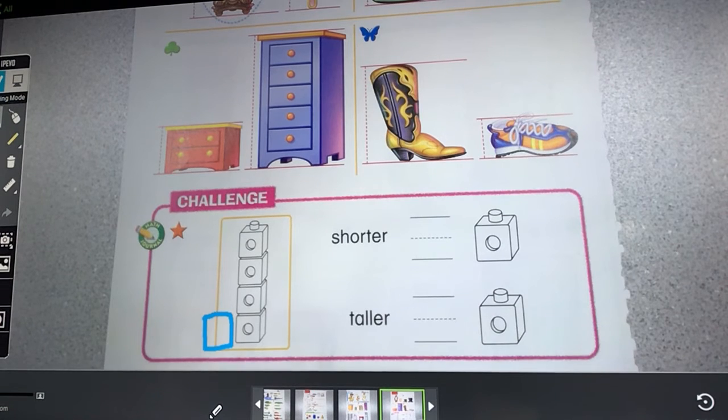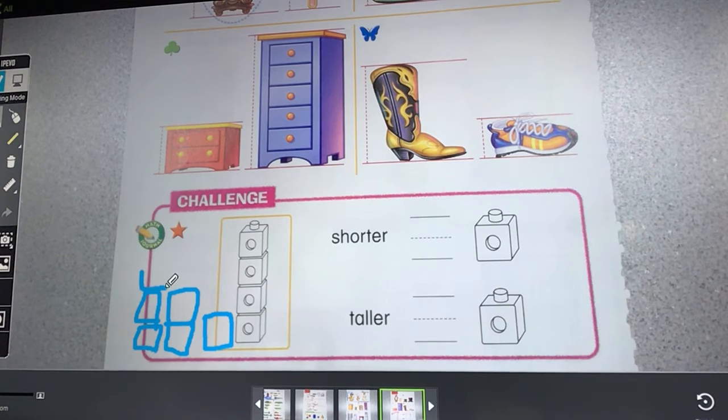That would be shorter. You could make it with 2 blocks. That would be shorter. You could even make it with 3 blocks. And that would still be shorter, wouldn't it?